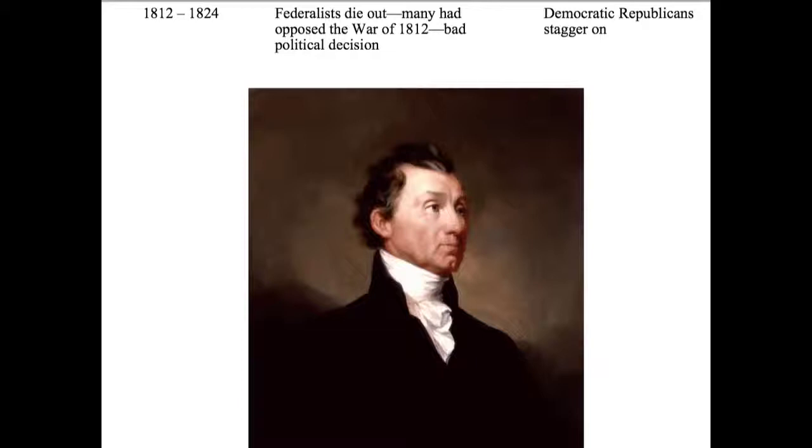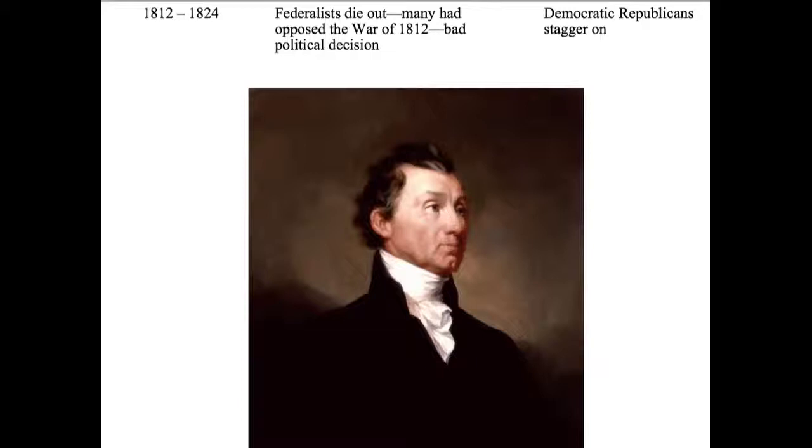And after those frenzied campaigns between Adams and Jefferson, party divisions remained, but the Federalist Party, the party generally for bigger government, essentially died out, due mostly to numerous political missteps, most notably opposing the War of 1812. It turns out not always to be a great political idea to oppose a war that America wins.